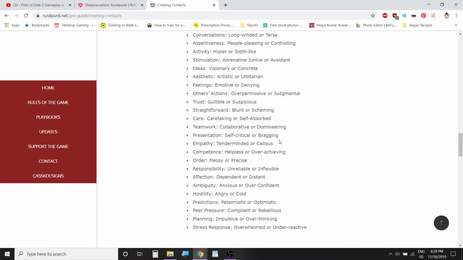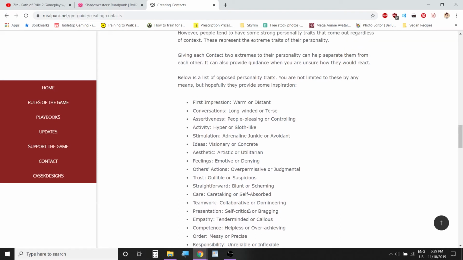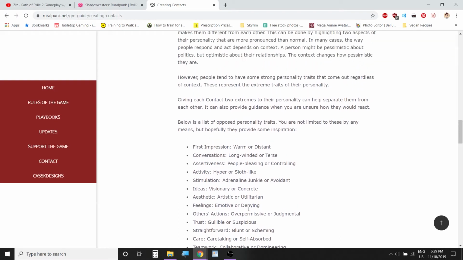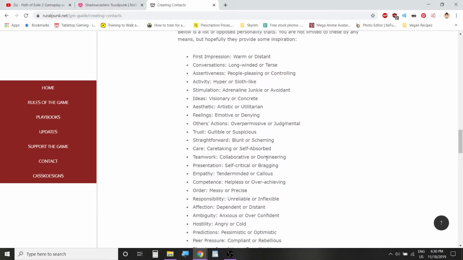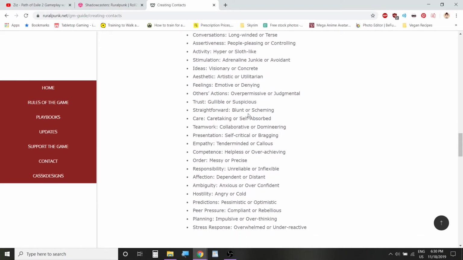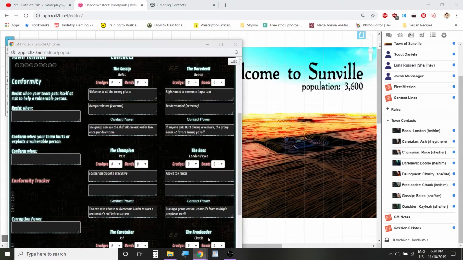And if I start thinking about like what trait would go with that, let's see if any of these. I think Rose is suspicious. I'll put that. Suspicious of others. Rose is extreme.